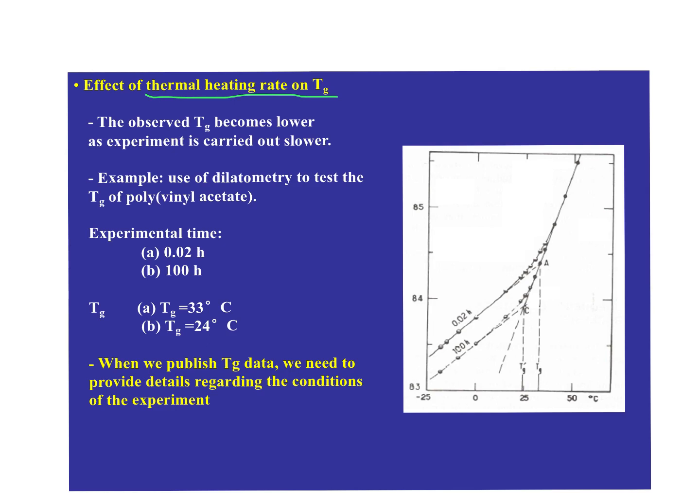So what you might see is the observed glass transition becomes lower as the experiment is carried out at slower heating rates. And what that means is that you're getting the right glass transition if you go slower.